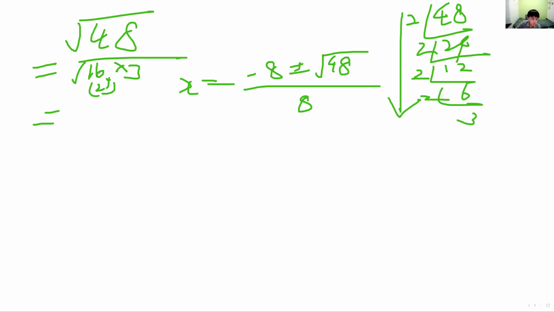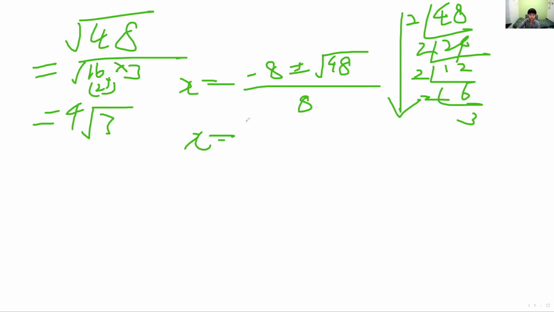So once we've done it, we have the square root of 16, which is 2 to the power of 4, so it is 4. So what we have to do is put the 4 into the multiplication, and then just square root 3.